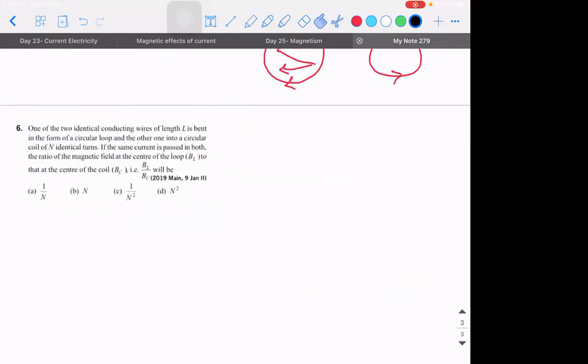Is it taking so much time? Current same, then. So case 1, L is equal to 2 pi r.